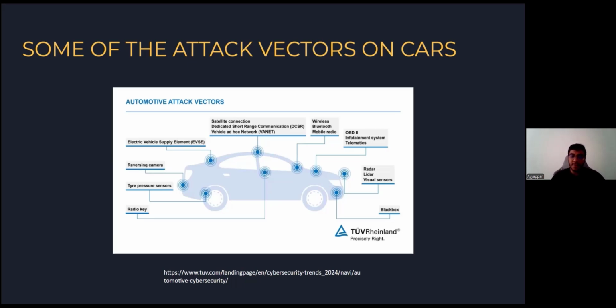There is a lot of research around fuzzing tire pressure sensors and sending falsified data, which sometimes can cause funny things to happen on the car itself. You have your reversing camera, which is often connected to the CAN bus itself. So you can unplug that and get access to the internals just by connecting to the CAN bus, things like that.